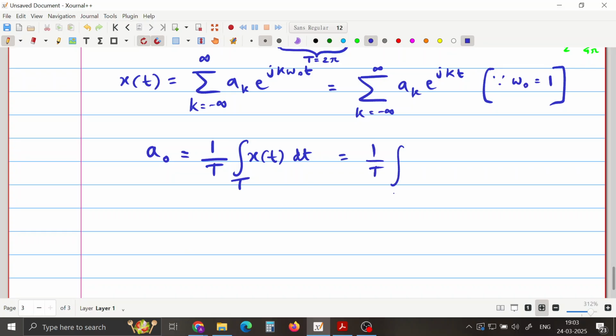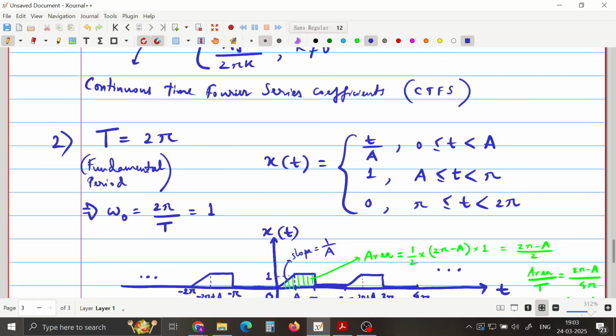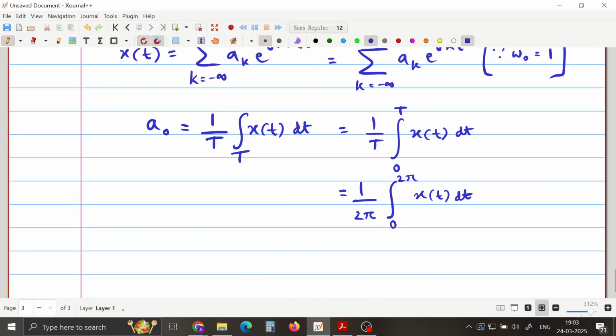Again I am choosing the period from 0 to capital T. You can choose any t1 to t2 such that t2 minus t1 is equal to capital T. Now capital T is known to you, right? Capital T is 2 pi, so I can substitute that here.